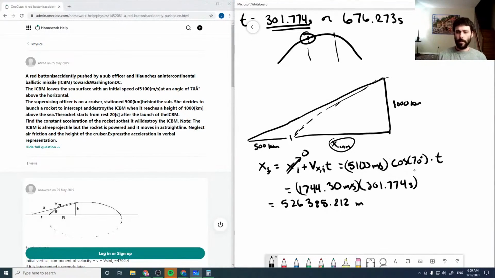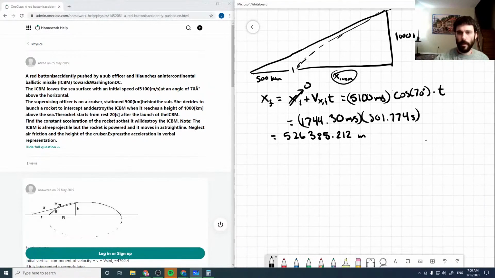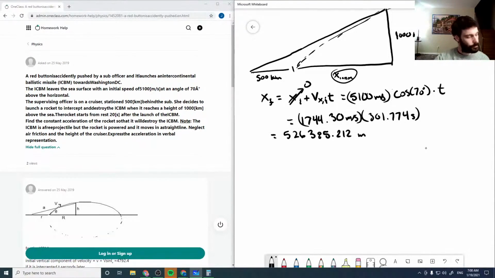So it turns out I've drawn this a little bit extended because it's about 500 kilometers, so it's pretty much the same distance either way. So now we have our full rocket flight.